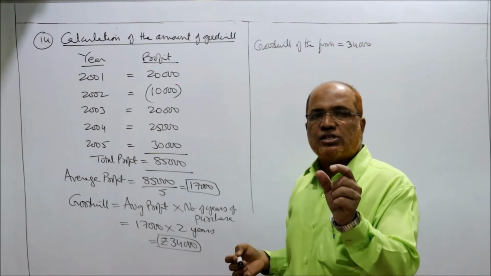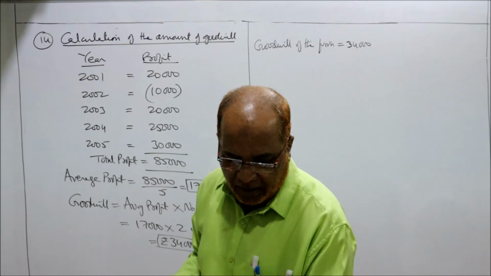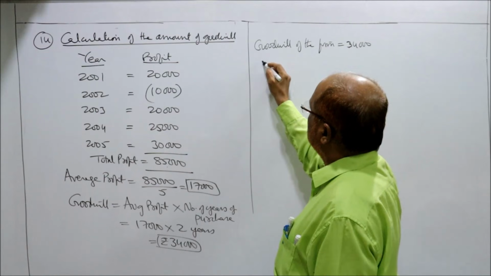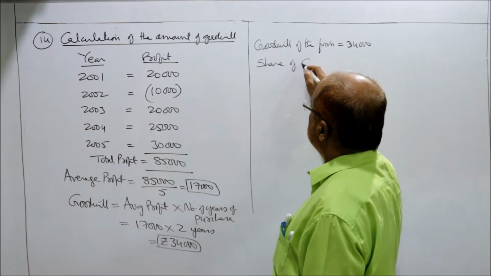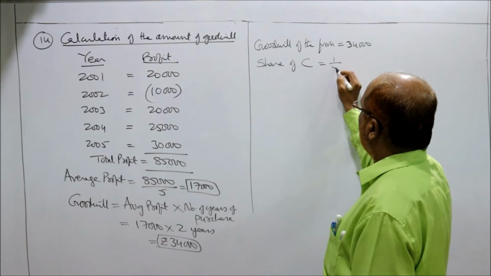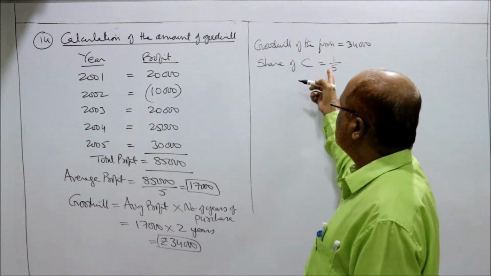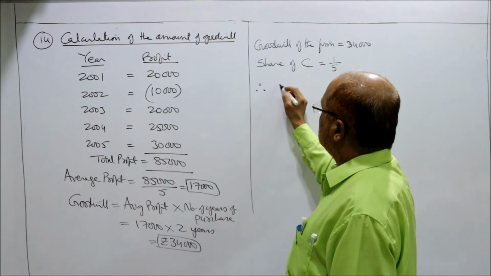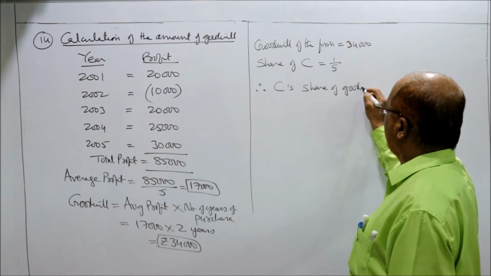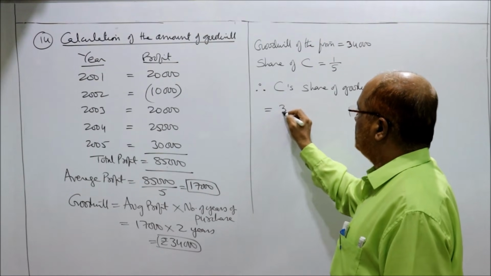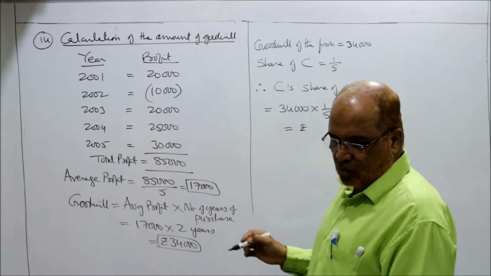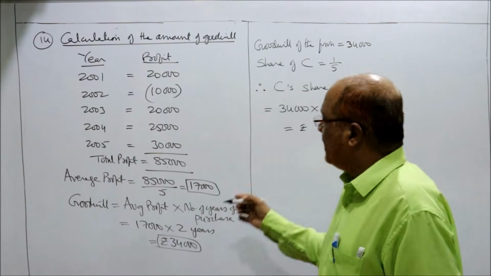We want to find out how much is the share of goodwill to be brought by the new partner. New partner is C. Share of goodwill of C. Share of C is equal to 1/5. 1/5 is the share of profit of C. Therefore, C's share of goodwill is equal to 34,000 into 1/5. 1/5 of 34,000 is 6,800.